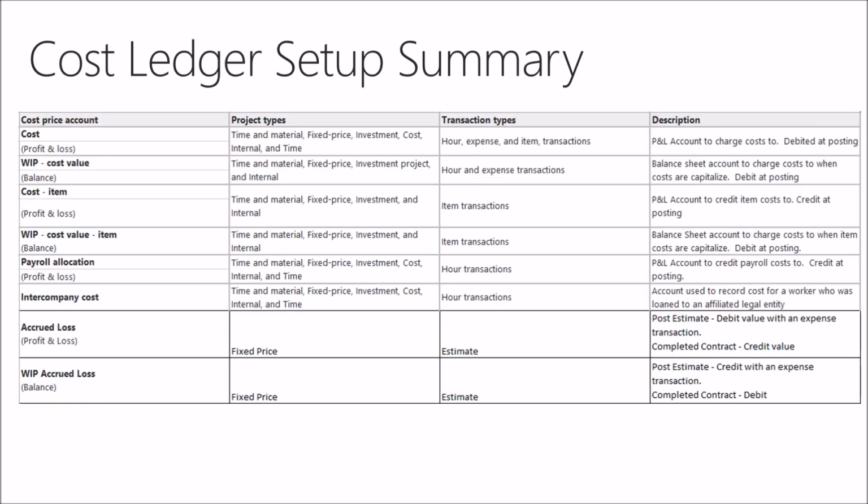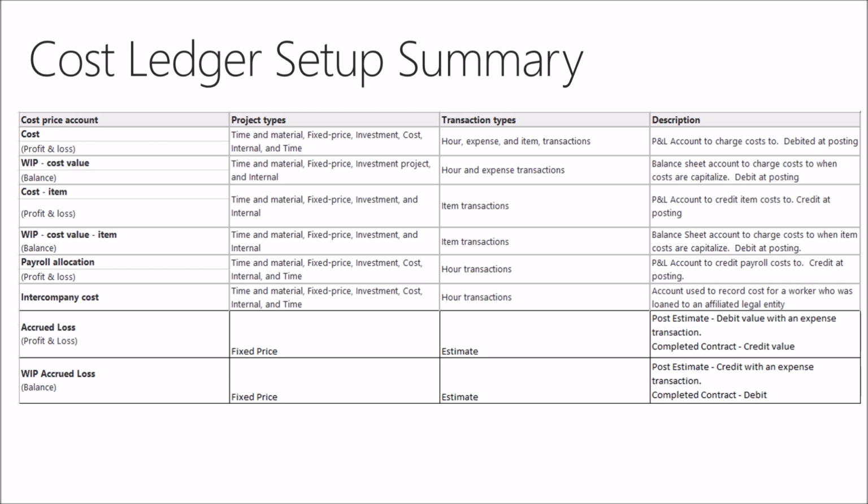Okay, what we're looking at here is a table that represents all the different posting types within the cost tab of your ledger posting setup. So if you look at the left side, it says cost price account. That's your posting types. And you can see that we have cost, WIP cost value, cost item, WIP cost value item, etc., all the way down that list.